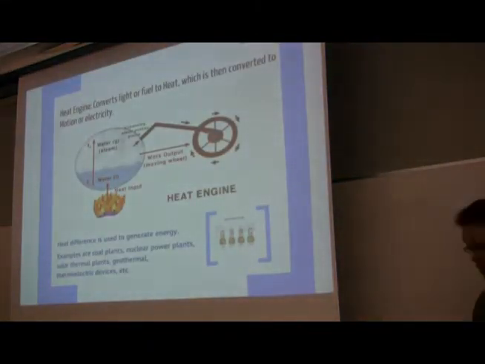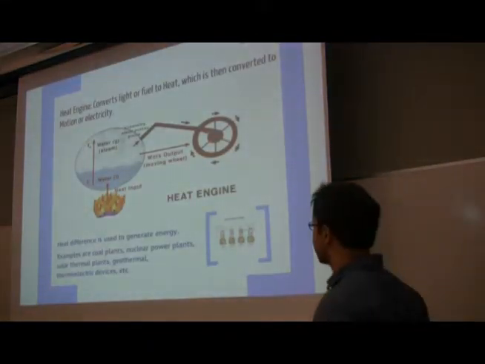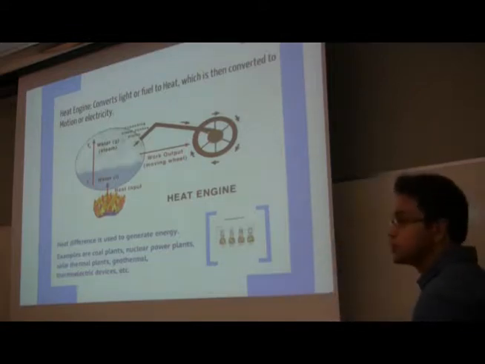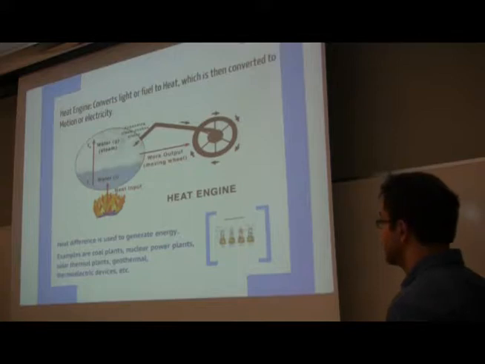Solar thermal plants, we'll show a few examples, work pretty much the same way. You typically heat up molten salt, or it can be water, but typically it's molten salt or some special kinds of oil, primarily because those materials retain heat much better than just water. Geothermal, exactly the same way. You get heat from the ground, heat up, and then you can have different mechanisms that bring the heat up.